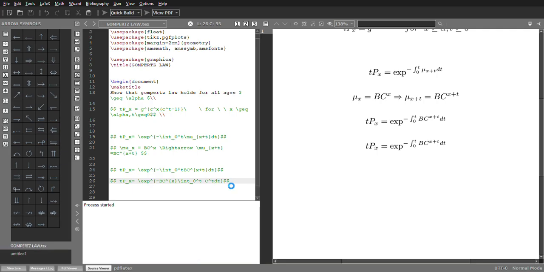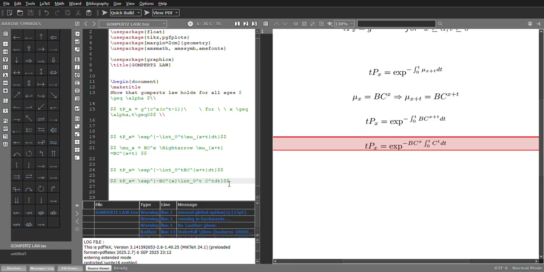After taking the constants out, we remain with that.